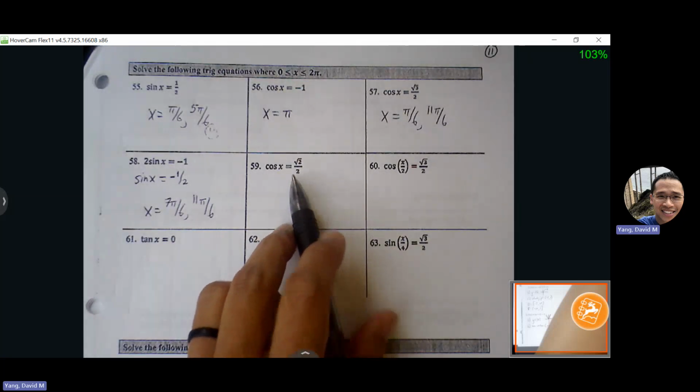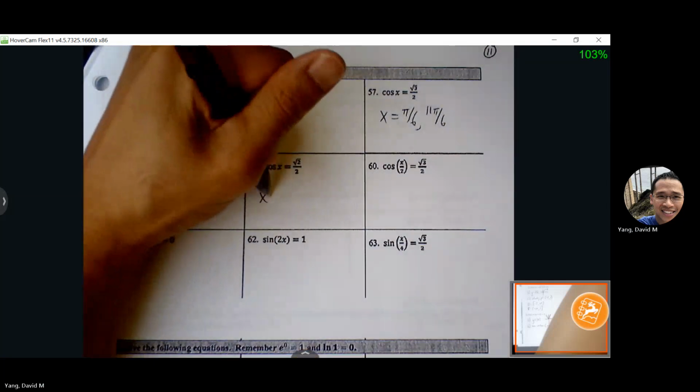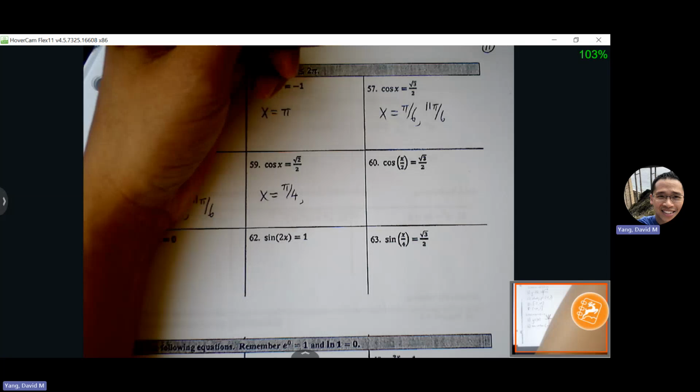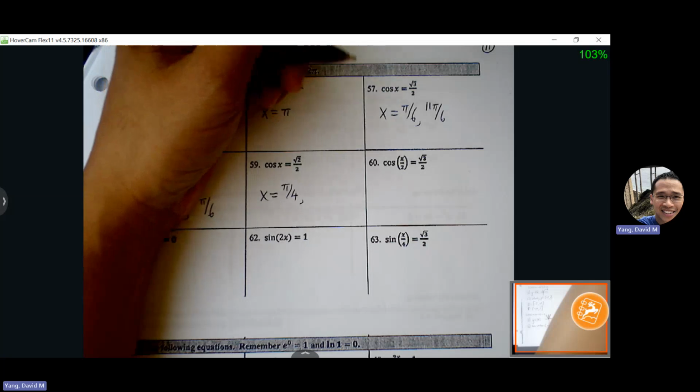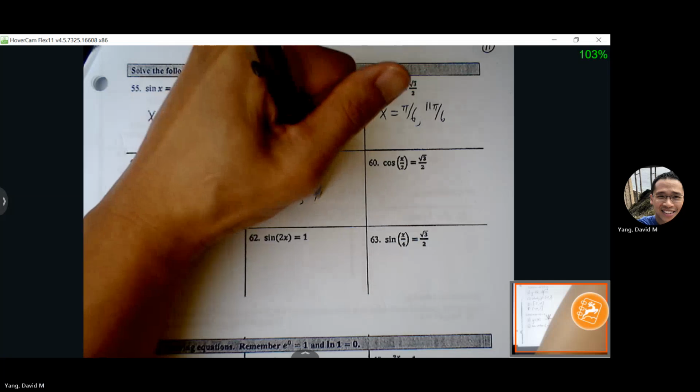Positive cosine is going to be, again, first and fourth quadrants. Fourth quadrant, we know it's going to be slightly less than 2 pi. So 8 over 4 is 2 pi. Slightly less than that is 7 pi over 4.